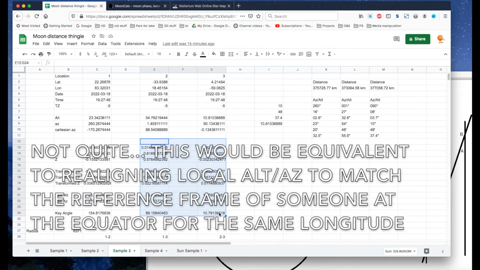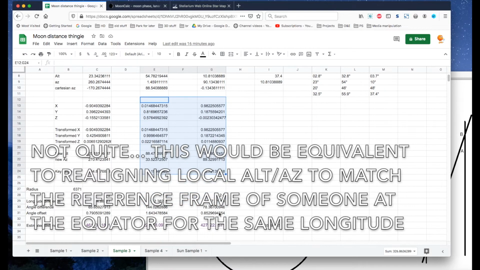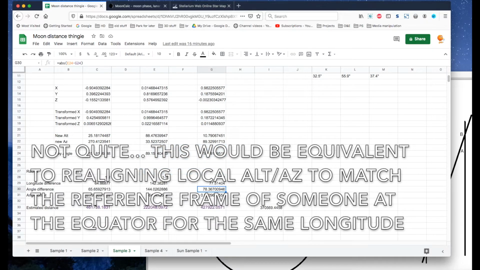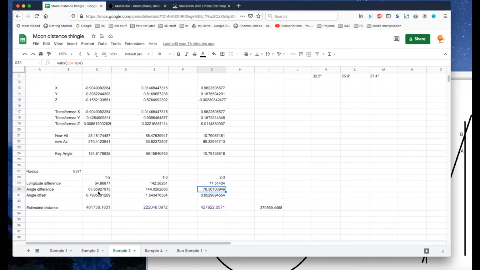So here I'm doing the same kind of transform for the other two observations. And now what I'm interested in is the rotation along the y-axis. So let's say the y-axis is parallel to either the north or the south pole. Then what I'm interested in is the difference in the angle between the two observers along that axis.